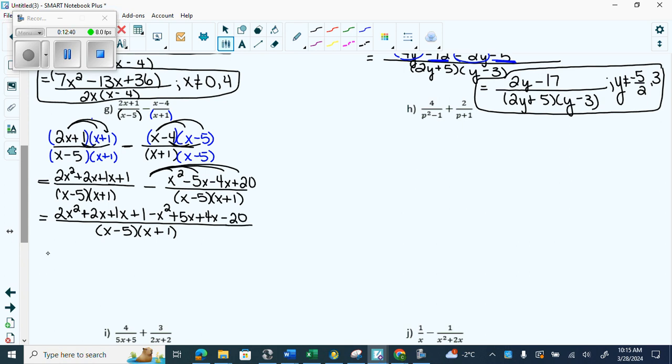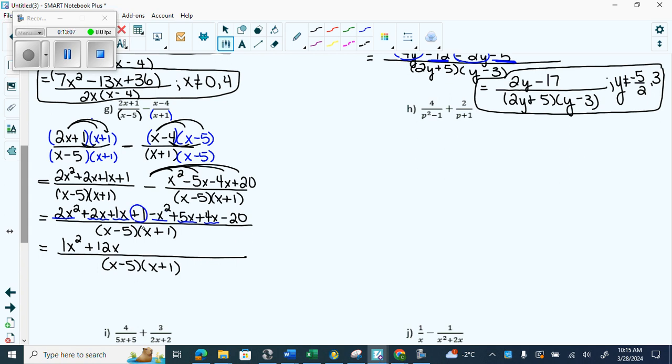So all over one denominator, then I can collect like items. So I get 2 x squareds minus 1 x squared is 1 x squared. 2 x's plus 1 x, 3 x's, plus 5 x's is 8 x's, plus 4 x's is 12 x's.